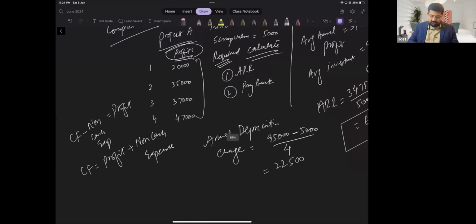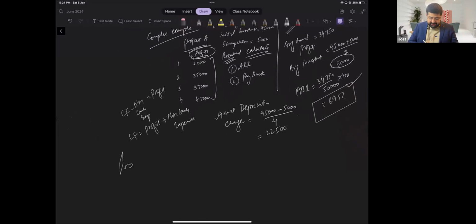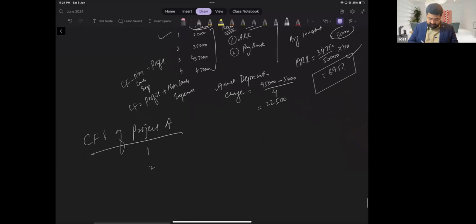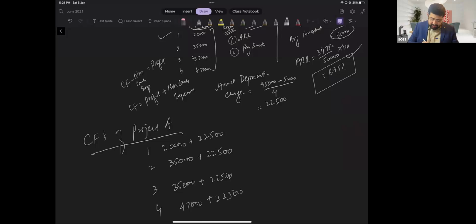Now, so the cash flows of project A become year 1, 2, 3, and 4. 20,000 plus 22,500. 35,000 plus 22,500. Why am I adding this? This formula: profit plus non-cash expense.